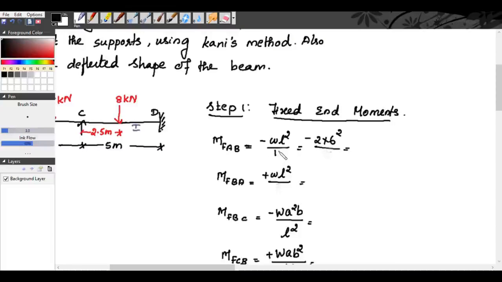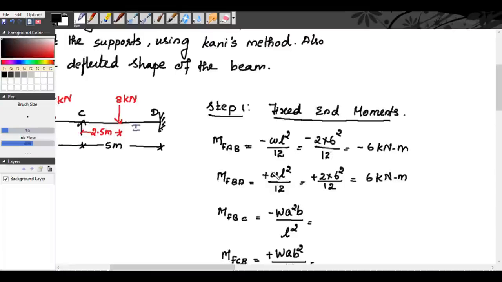Fixed end moment is minus WL square by 12 and plus WL square by 12. Here in the span AB, the UDL is 2 kilonewton per meter. So minus 2 into 6 square divided by 12, we get minus 6 kilonewton meter. Similarly, the fixed end moment M of BA is equal to plus WL square by 12. So plus 2 into 6 square divided by 12, we get 6 kilonewton meter.